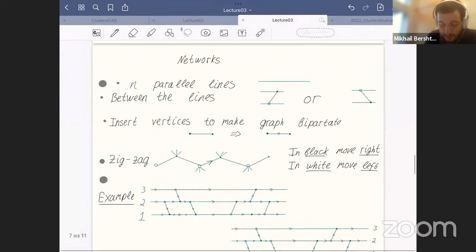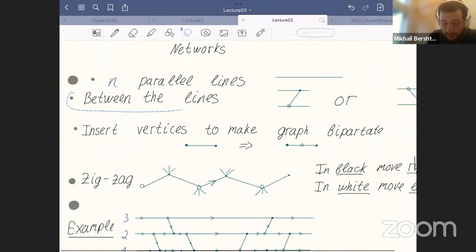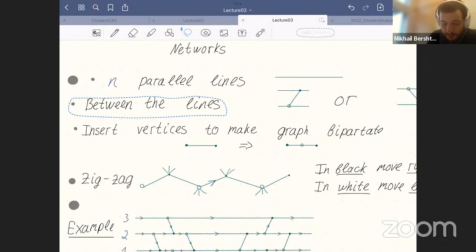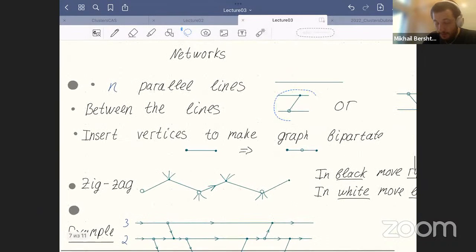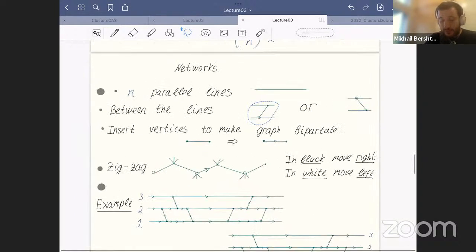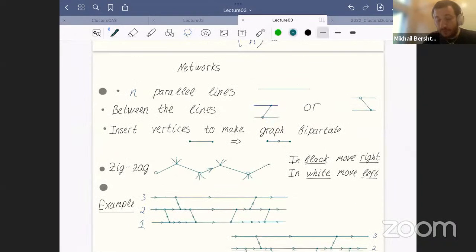Between these lines, we will have segments which connect these lines, and the lines can be viewed as directed from left to right. The segments look either like this or like this.